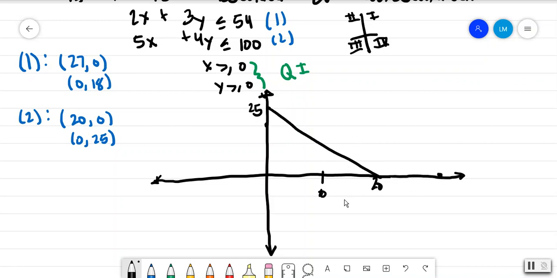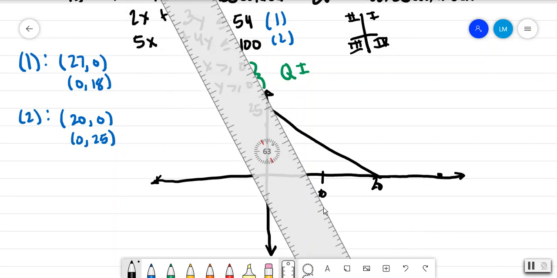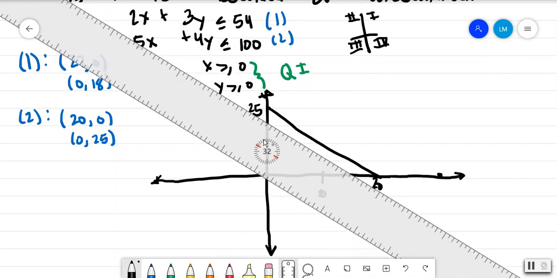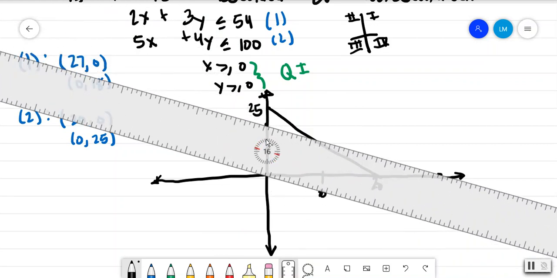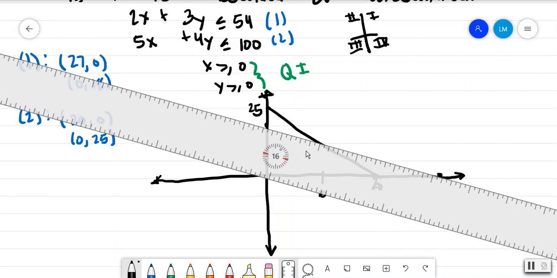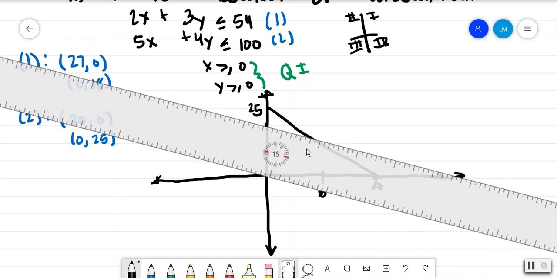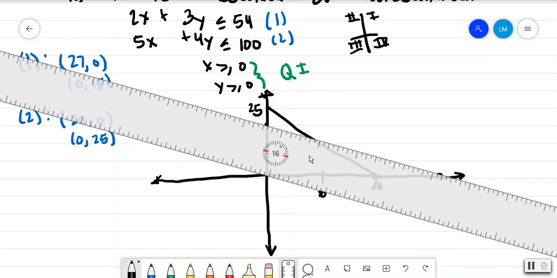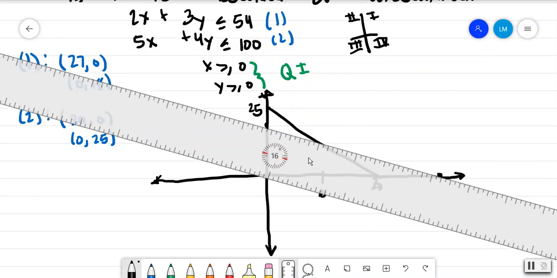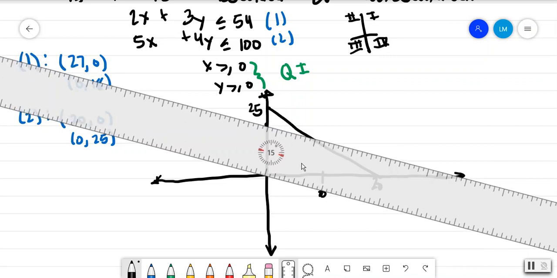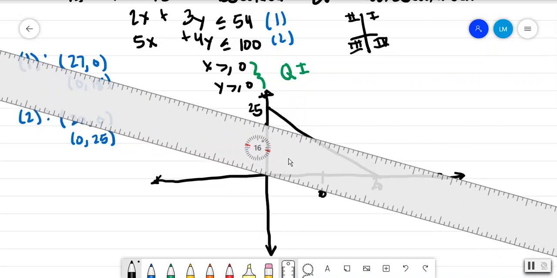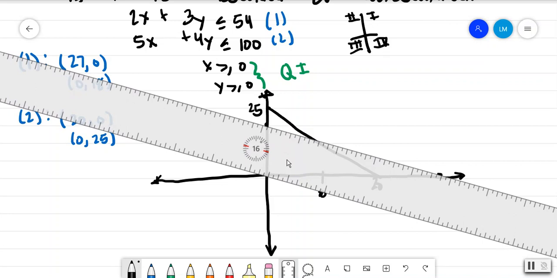Okay, so we just need to plot 27. Let's do this actually with a ruler. Okay, that might be good enough. Let's just start right here.